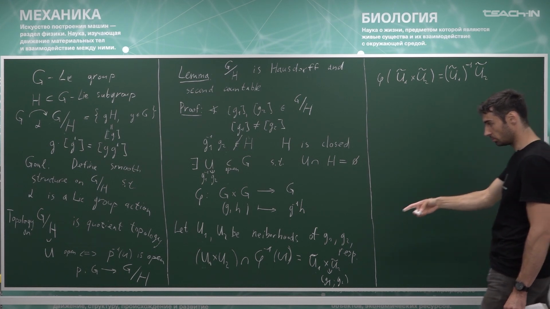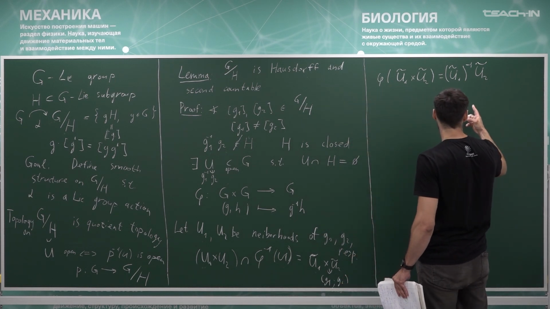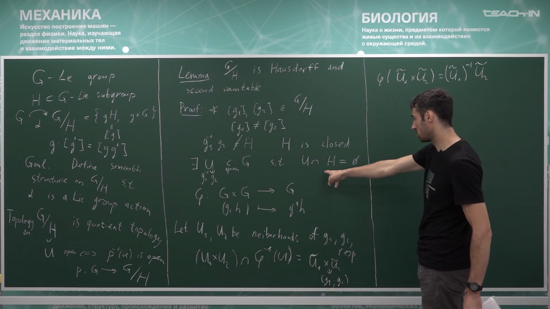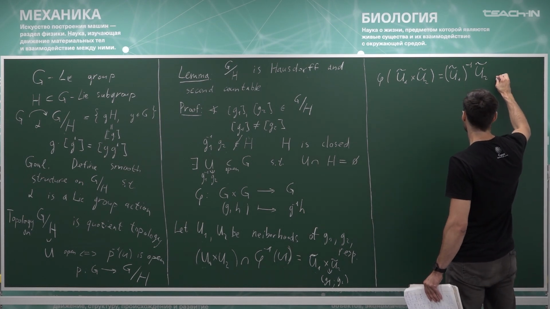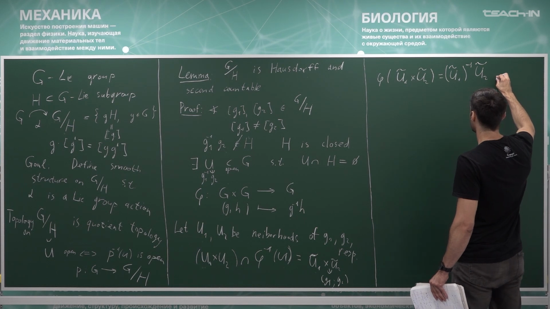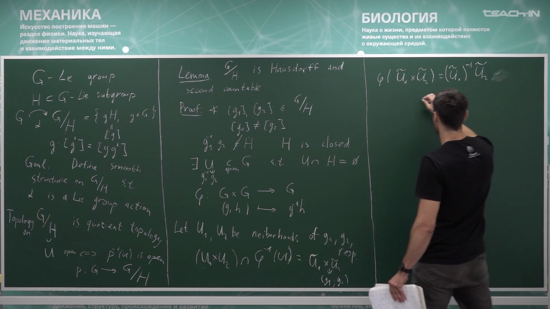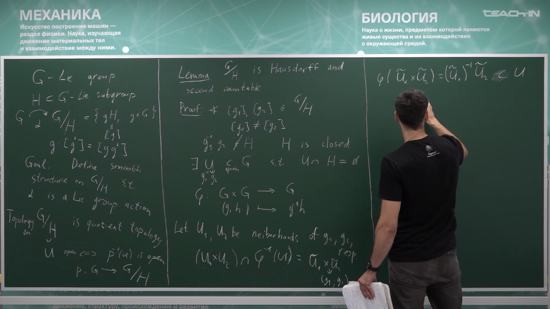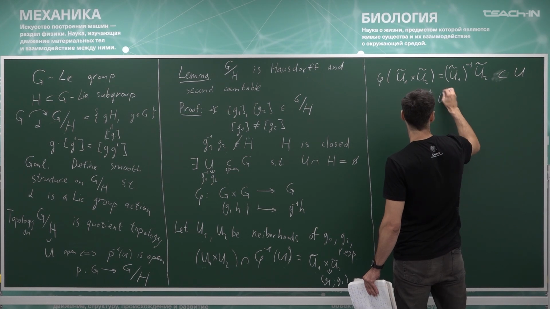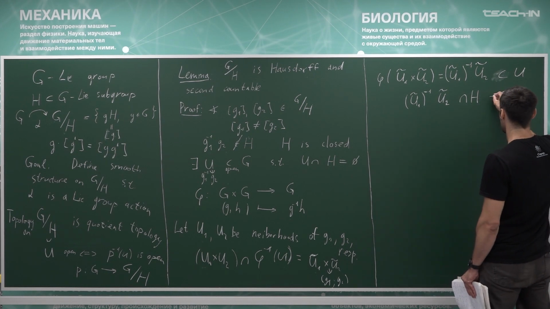But this is inside U because I intersected it with the preimage of U. But the intersection of U with H is empty, so therefore the intersection of U1 tilde inverse U2 tilde with H is empty.